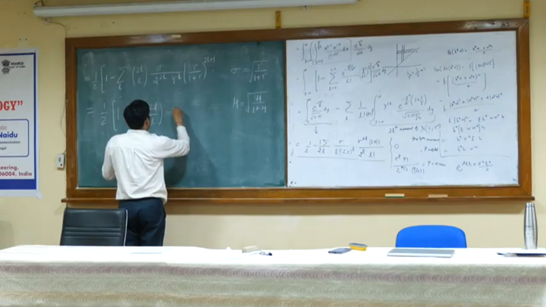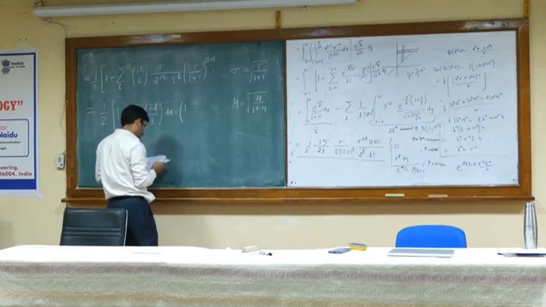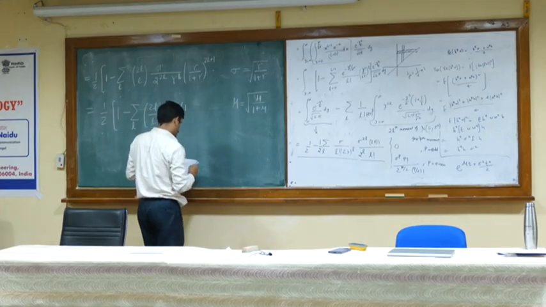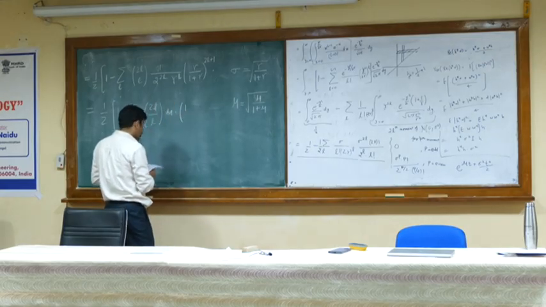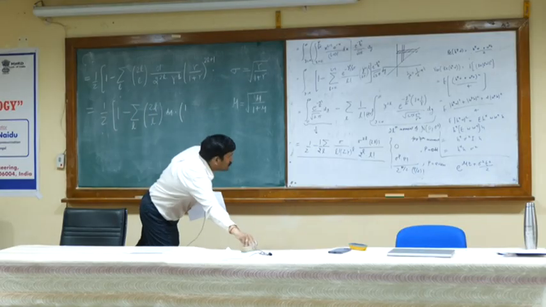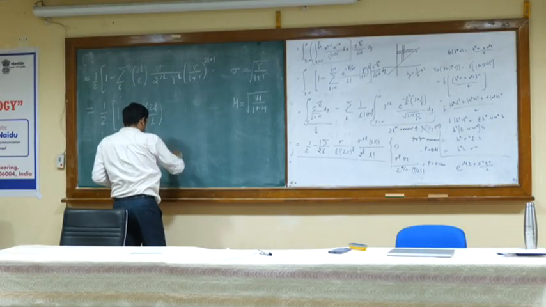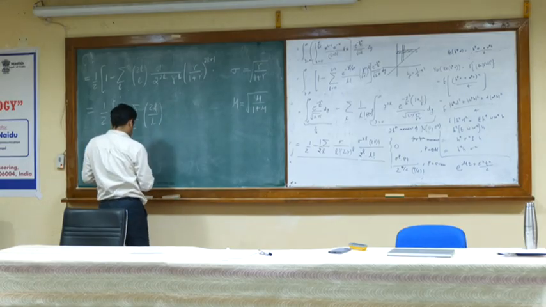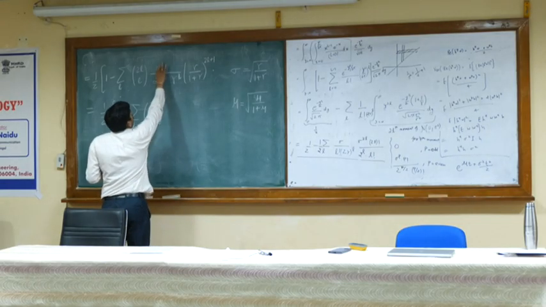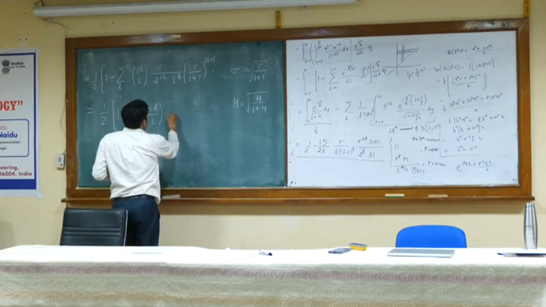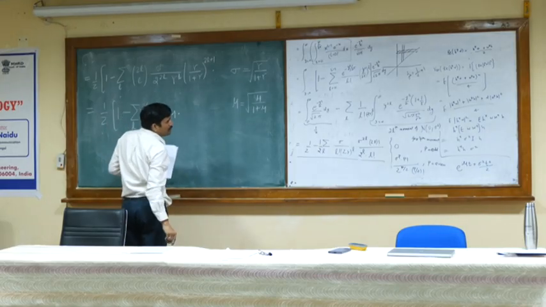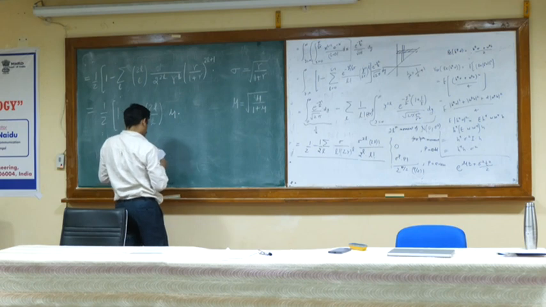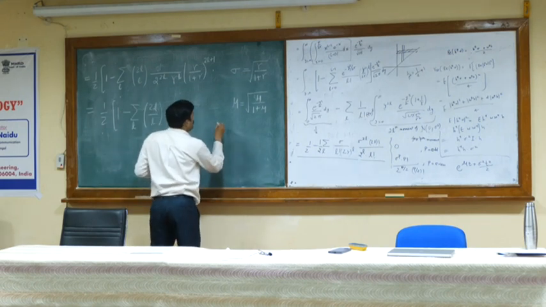So I will get mu times 1 minus, let me do it from scratch. So what will I get there? I will get mu here, then 1 over 2 mu to the power 2L.